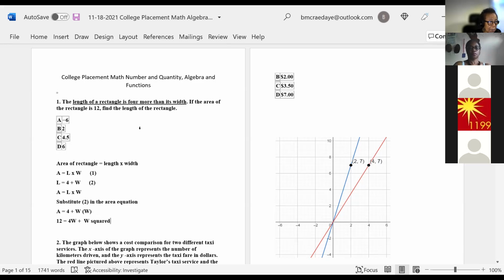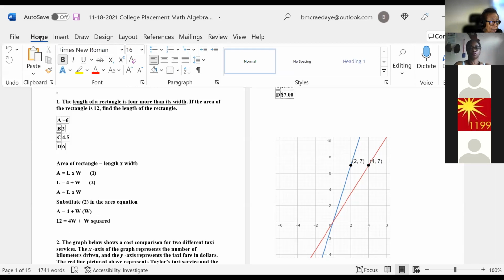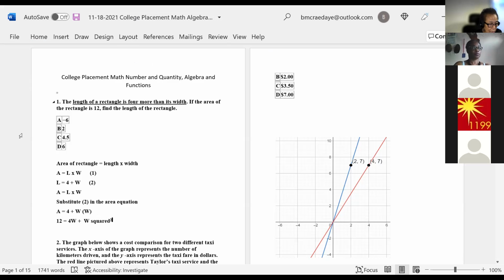Now this is beginning to look like a quadratic, right? Take this out.